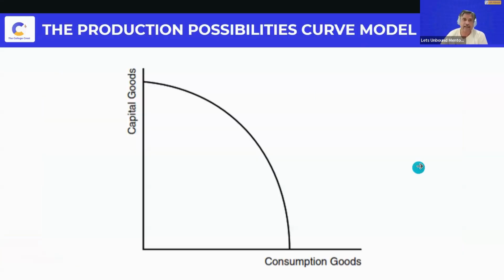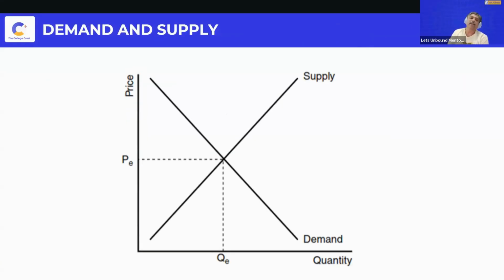These are the different graphs that you are likely to see on the test. The production possibility curve is a very common graph. You must be able to interpret this graph: points inside, points outside, points on the curve. What is the different meaning? This is the basic demand and supply curve, with the point of equilibrium where demand and supply intersect each other.